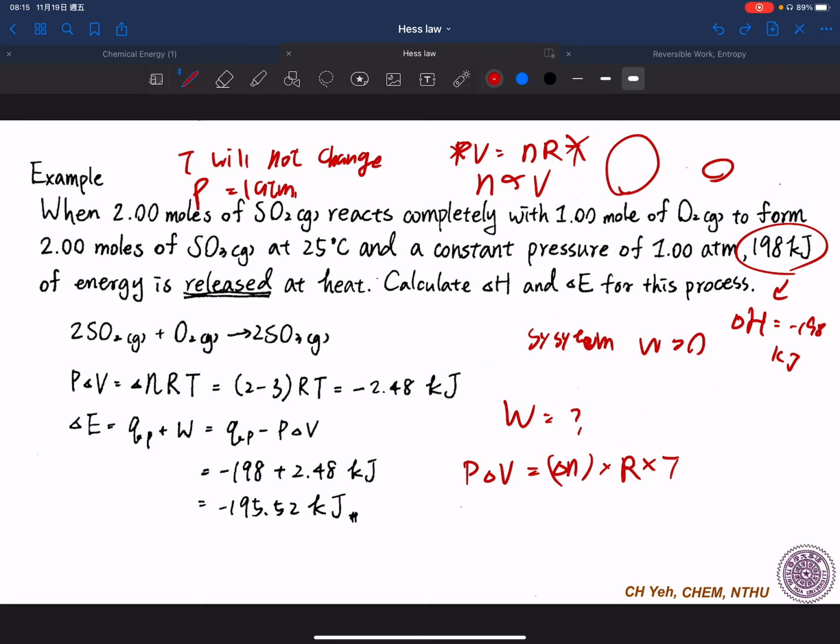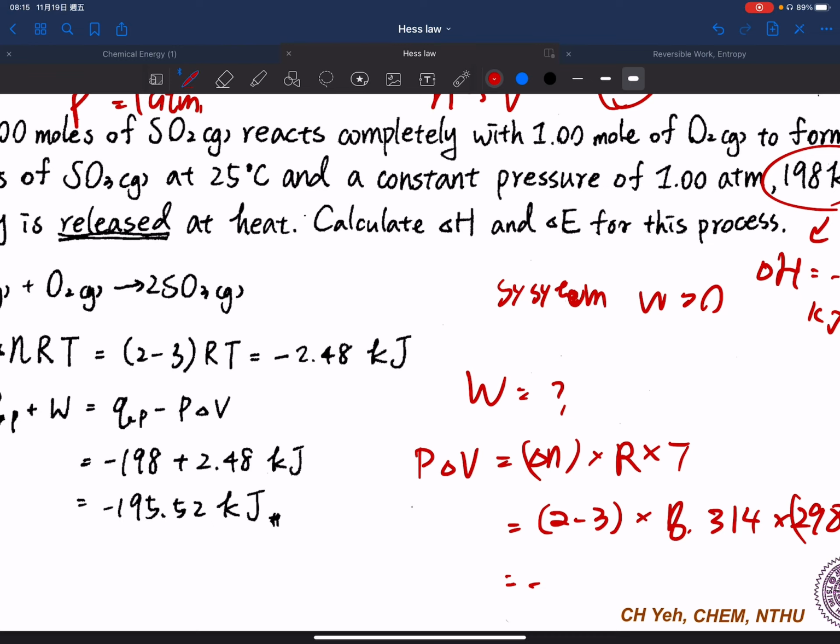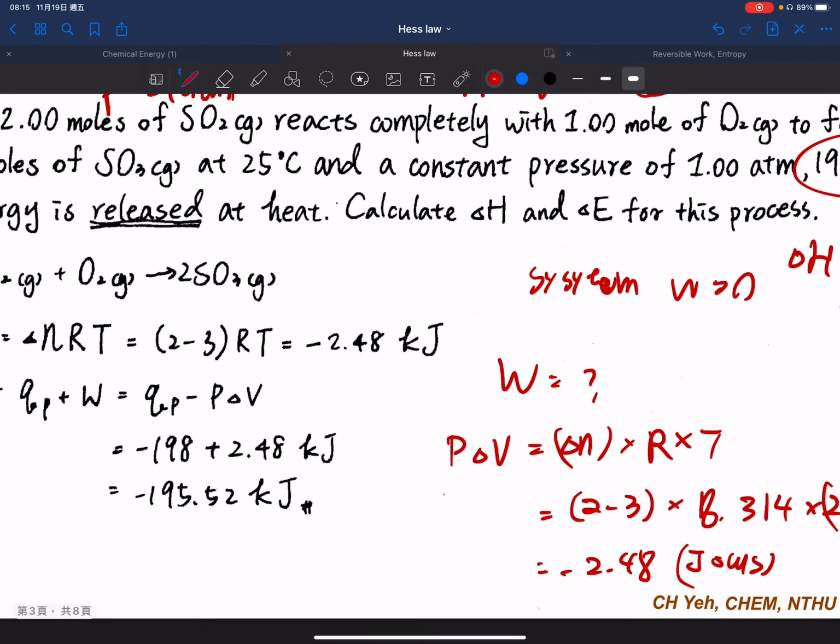Is that fine? Delta n should be 2 minus 3, times 8.314, times the temperature, which is 298 Kelvin. After we calculate this, P delta V is negative 2.48 kilojoules.